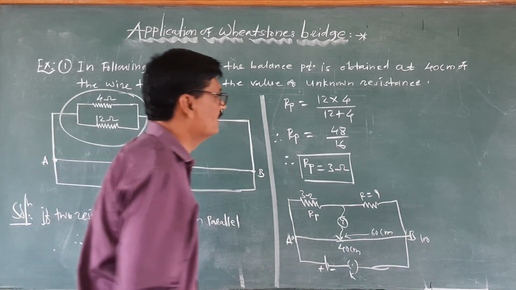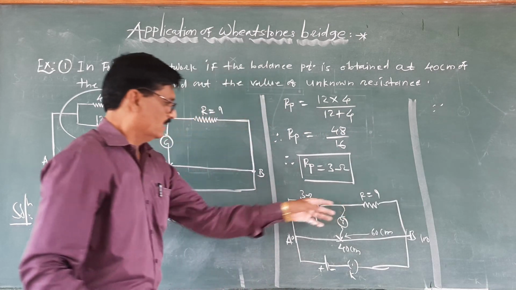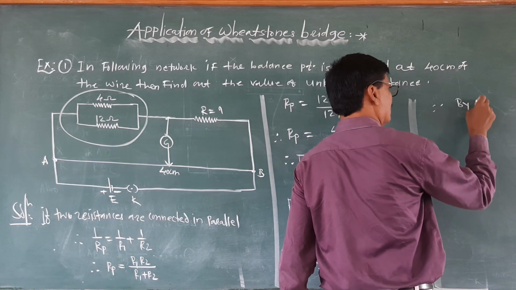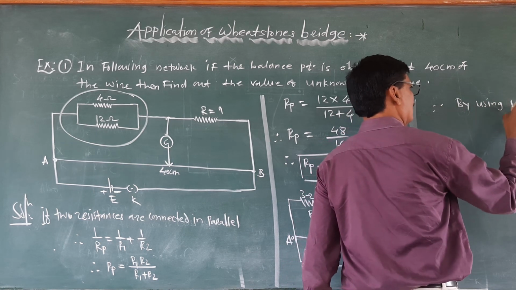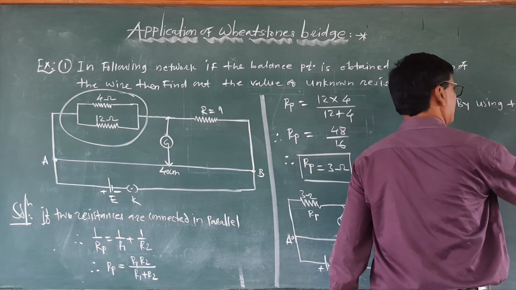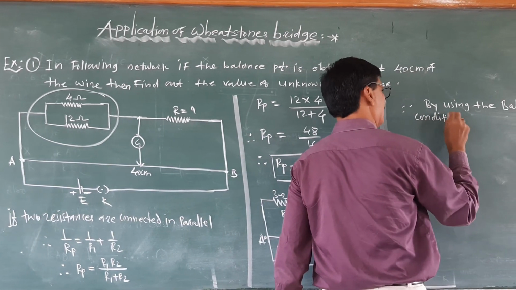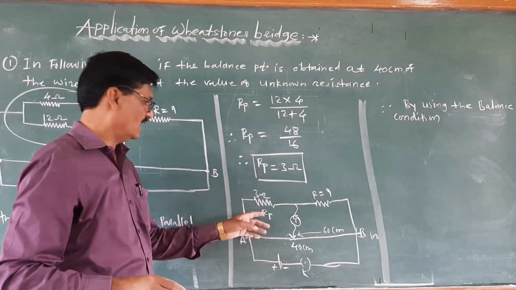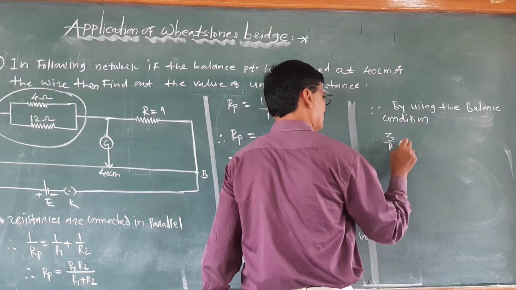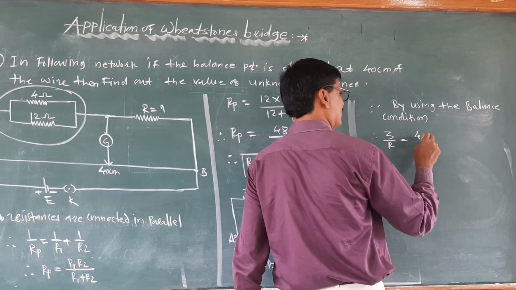Therefore, from this figure, using the balance condition, 3 upon R is equal to 40 divided by 60.